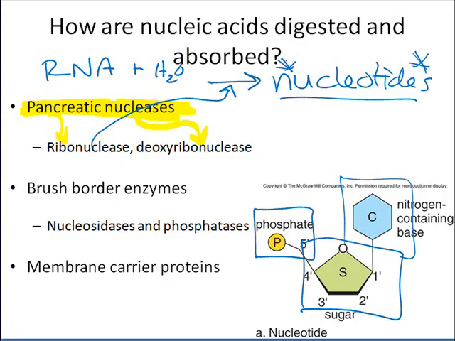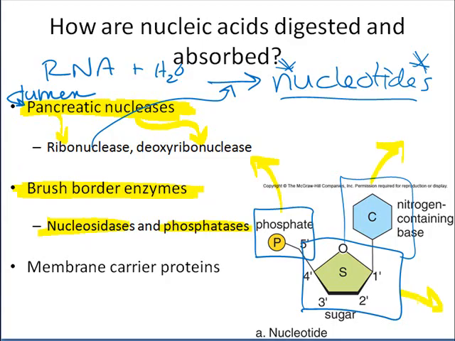I still have to incorporate some other activities, and this time, rather than happening in the lumen of the duodenum, we're going to look at events occurring on the brush border. There are some brush border enzymes called nucleosidases and phosphatases that specialize in releasing these individual parts, breaking the phosphate group off from the sugar group, breaking the nitrogenous base off from the sugar group.